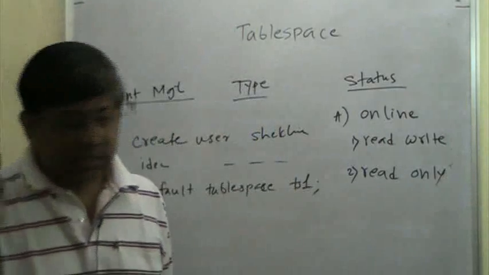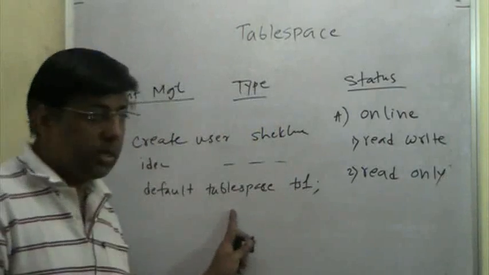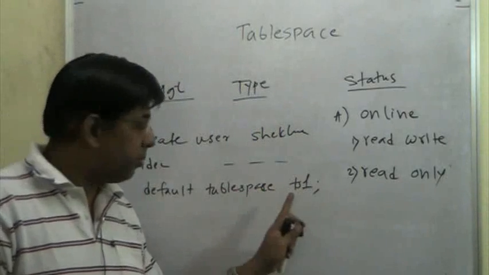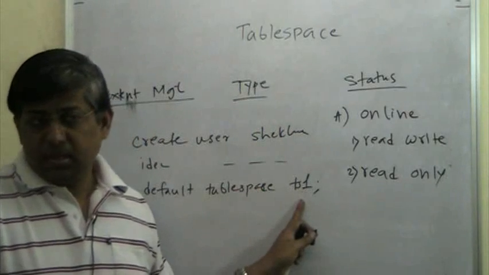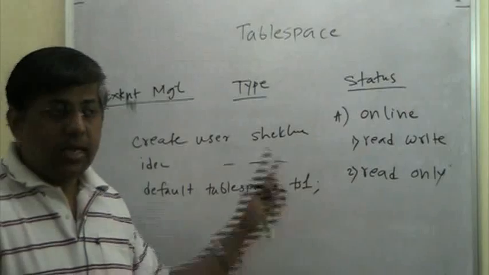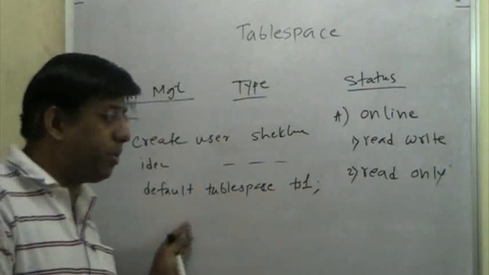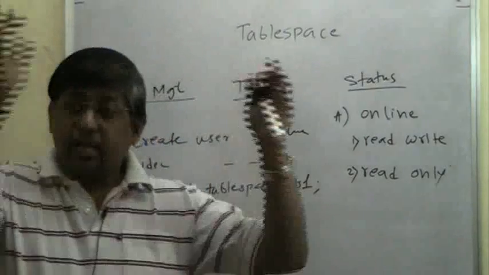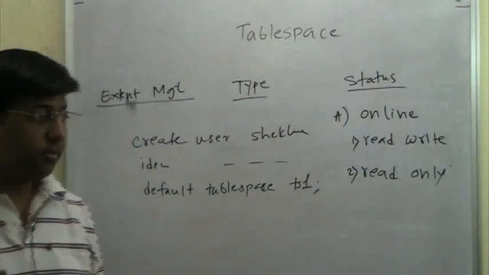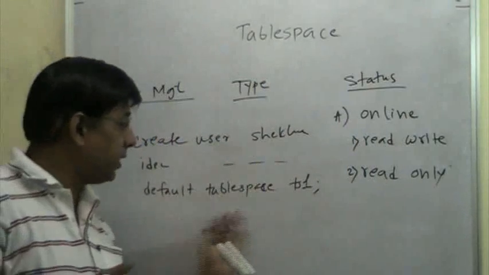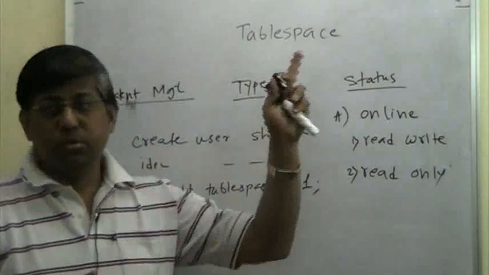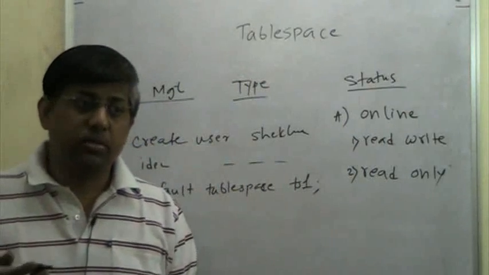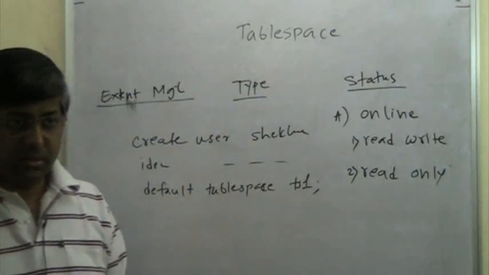So there is a difference between a default tablespace for a user, which is a permanent tablespace in which he will be creating tables, and the default temporary tablespace of the database. What is the purpose of that? Any user who has not been assigned a temporary tablespace uses the default temporary tablespace of that database.